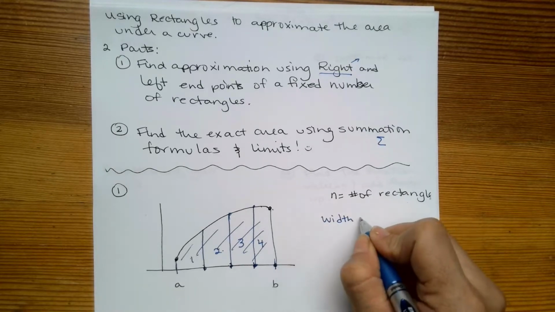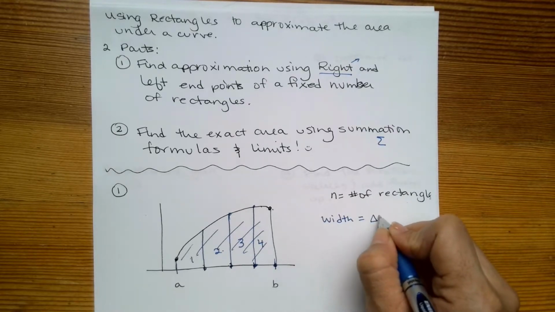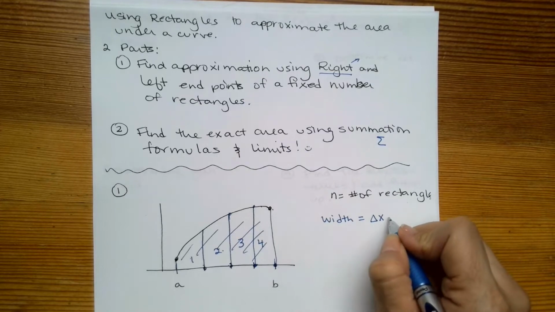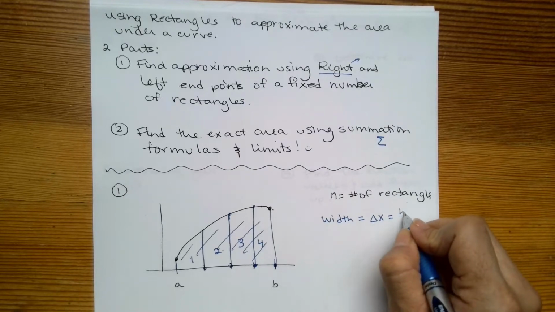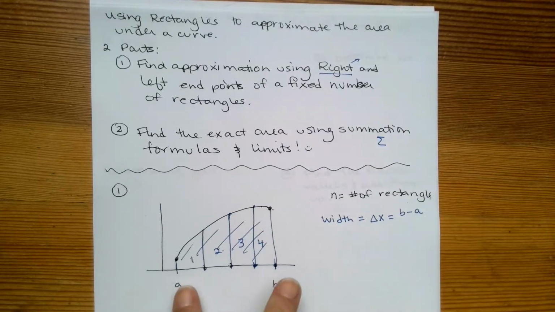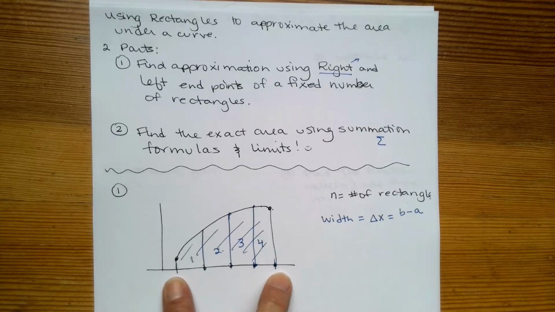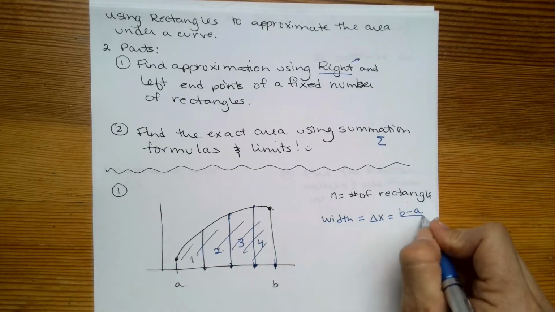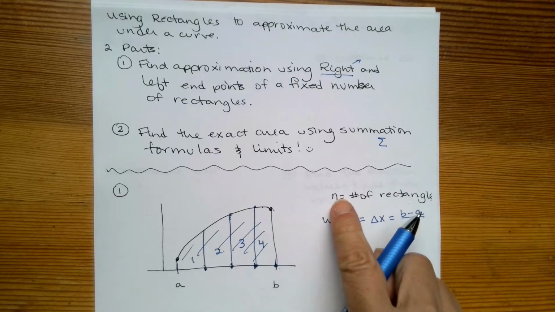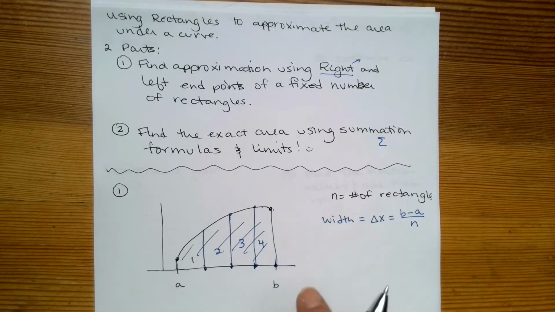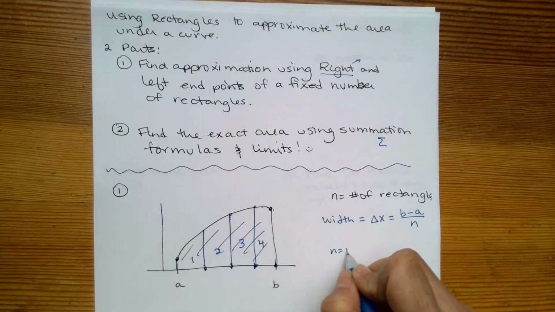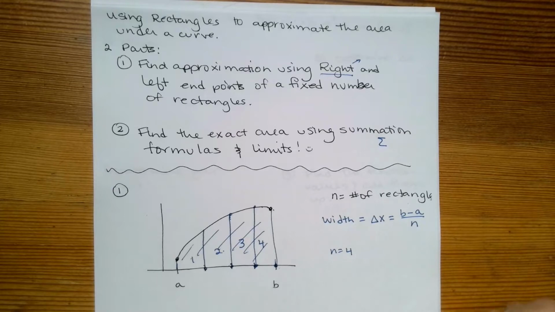The width of each rectangle is delta x, and delta x is equal to b minus a, so the total distance of x's that we have to cover, divided by n, where again, n is the number of rectangles. So in this case right here, n is 4.